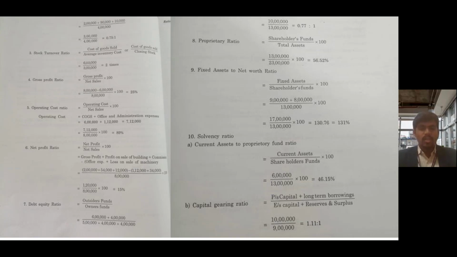The proprietary ratio tells how much the proprietor is contributing to the business and what his part of the profit will be. The formula is shareholders' funds divided by total assets into 100.